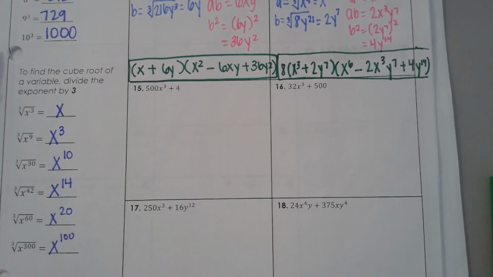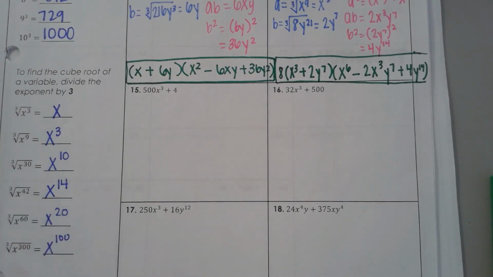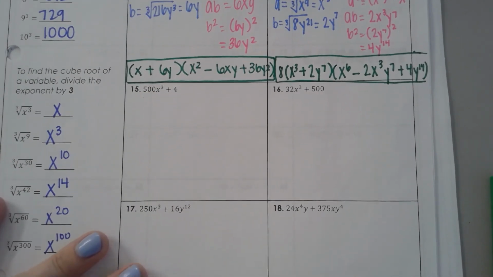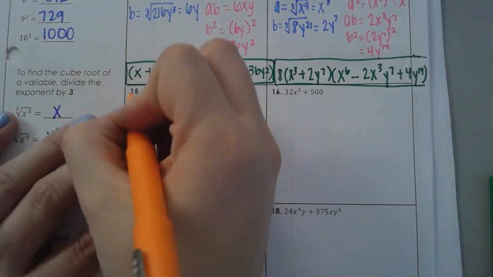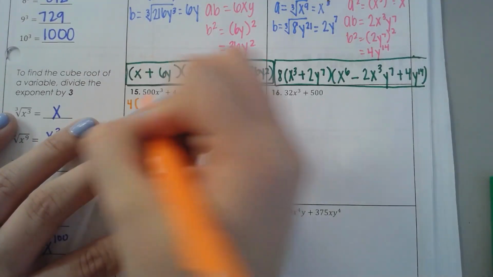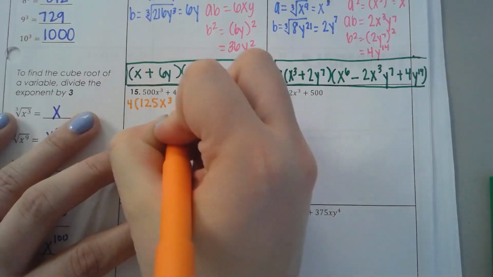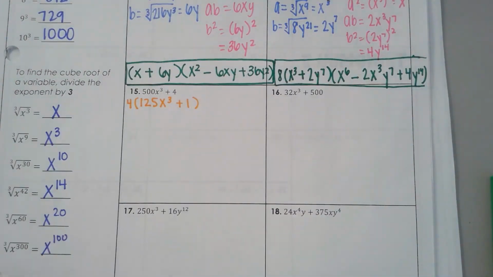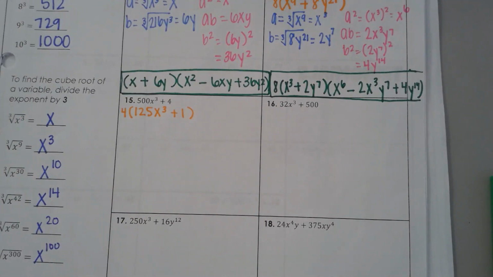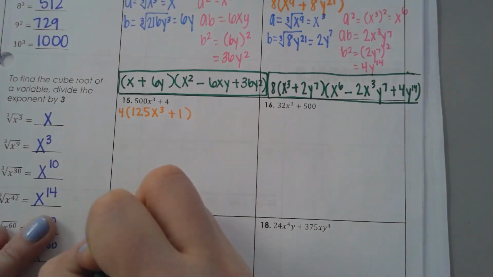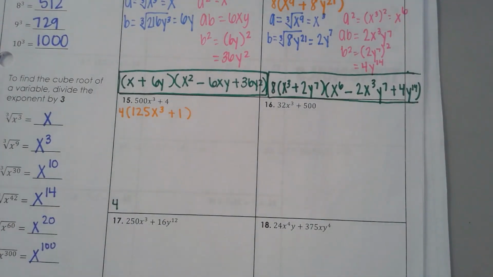Number 15. Do we have a GCF? Yep. What can you divide both of those by? 2. You can divide them by 2, but you can also divide them by 4. So 4 is the greatest. I'm going to go ahead and write that 4 down here at the bottom so I don't forget it.